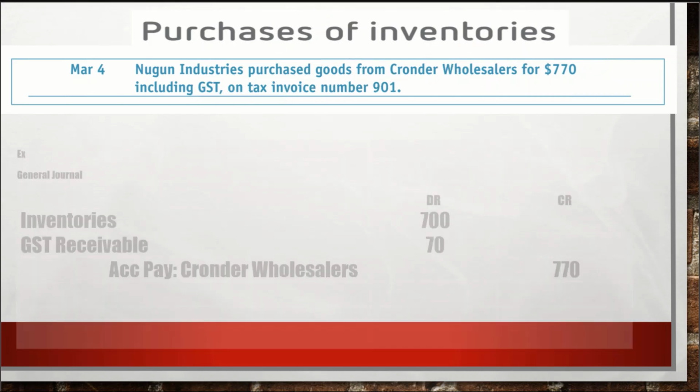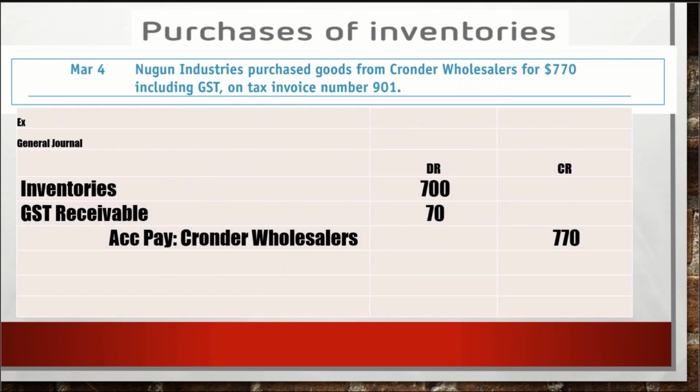So let's look at this general journal entry. We will debit our asset, inventories, right? Our asset increases on the debit side. Although we owe the GST, we will claim it back because we're a business. I use the account GST receivable. Some textbooks might refer to it as GST credits receivable.